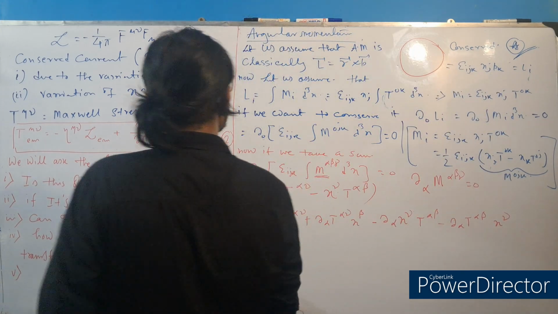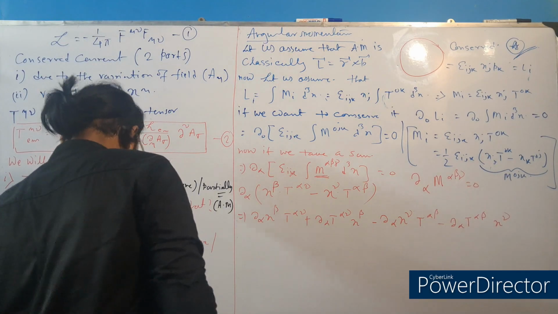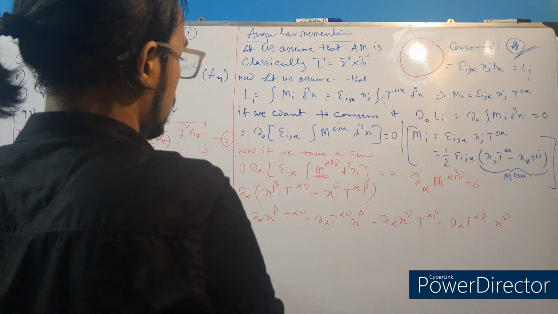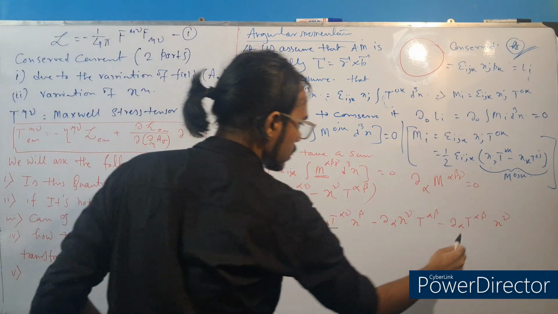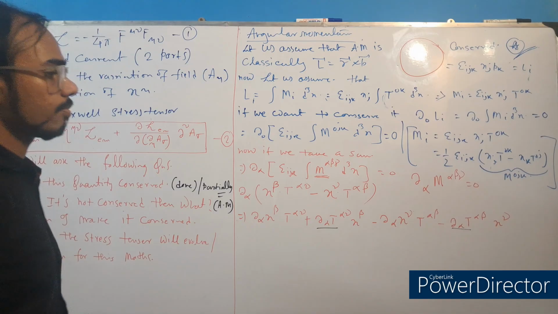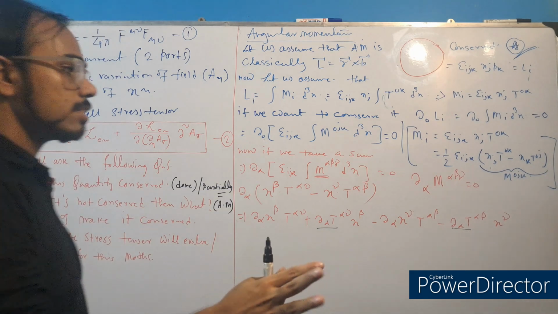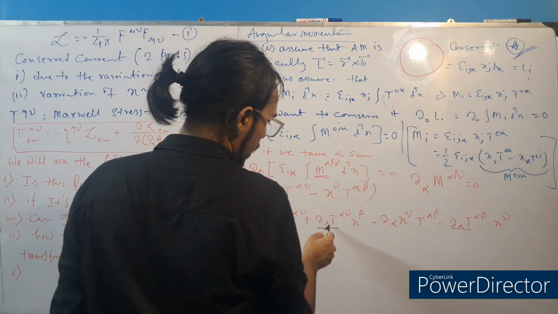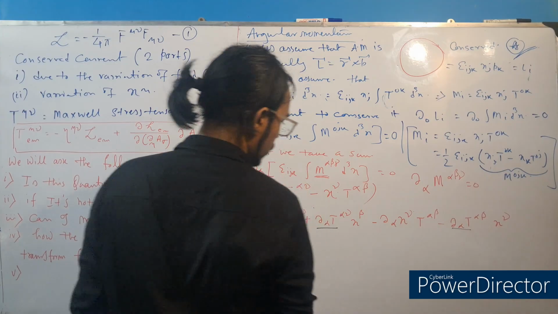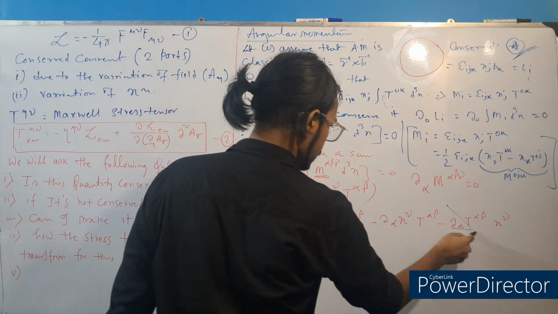Now from the previous derivation we remember the fact that these quantities are indeed zero, because T^{alpha beta} is a conserved quantity and these indices are exactly contracted. So this will give us 0.